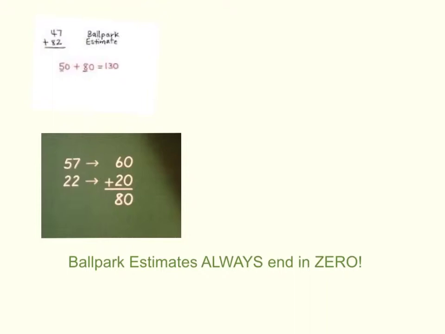For the example, 47 plus 82. The two addends are 47 and 82. We're trying to find the sum. 47. So I have to ask myself, is it closer to 40 or 50?